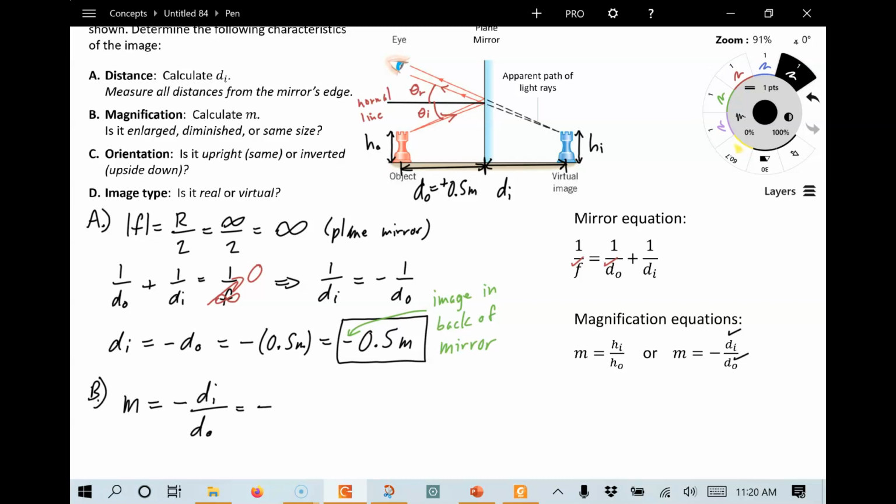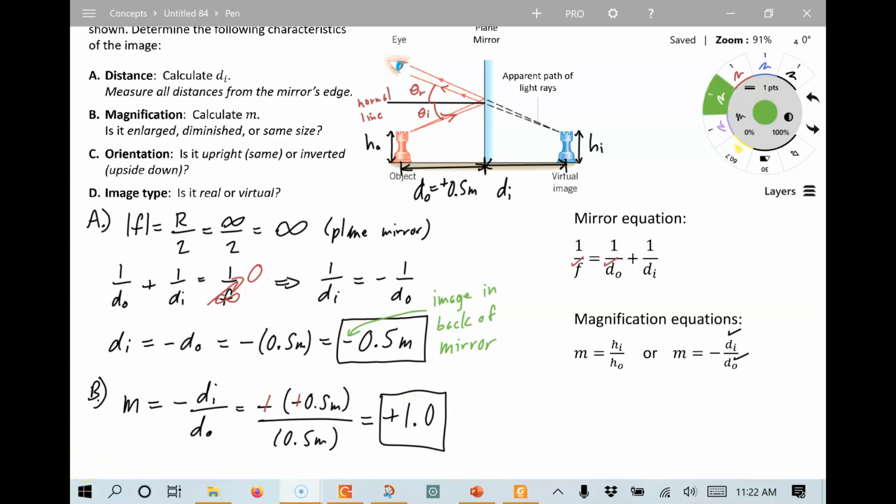So that's going to be a negative. DI is minus 0.5 meters, and DO is 0.5 meters. The negatives cancel, and this is just going to be equal to plus 1. And so that's our magnification there.